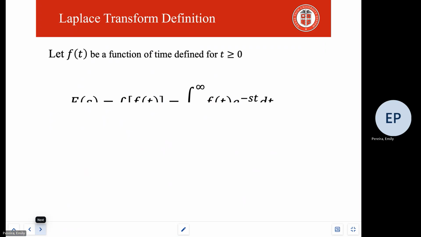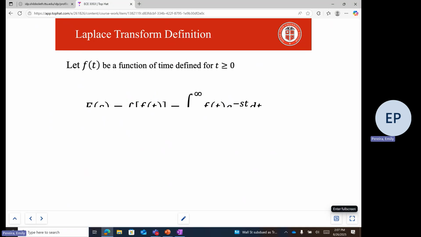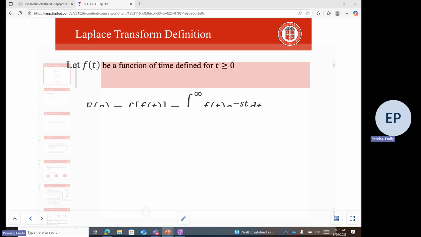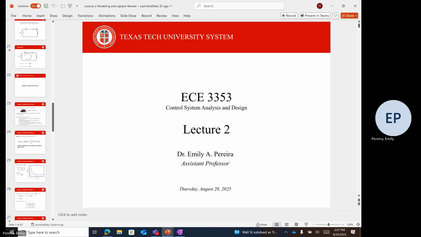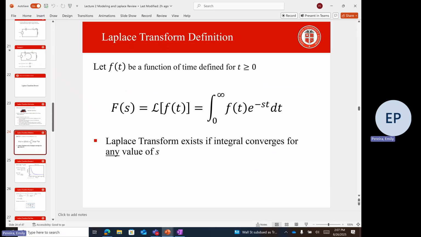I'm not sure why this isn't loading, but we have the definition of a Laplace transform, and maybe I'll just pull it up on the regular slides here. So basically, we're taking the integral of our function multiplied by this exponential and integrating over time.